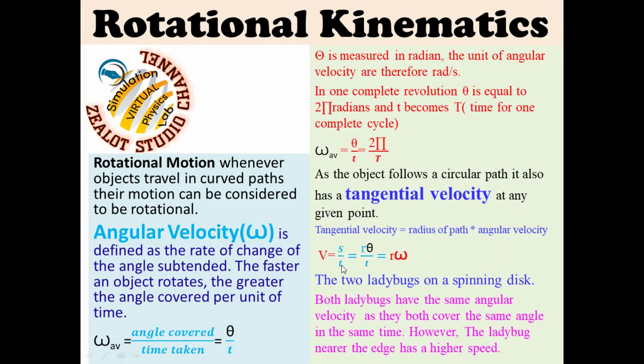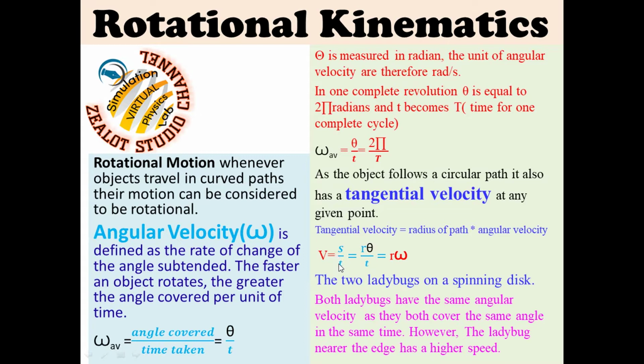Tangential displacement equals r times angular displacement, so r theta over t. Theta over t is omega, the angular velocity, so tangential velocity equals radius of the circle times angular velocity.